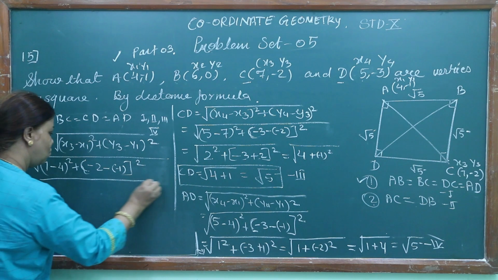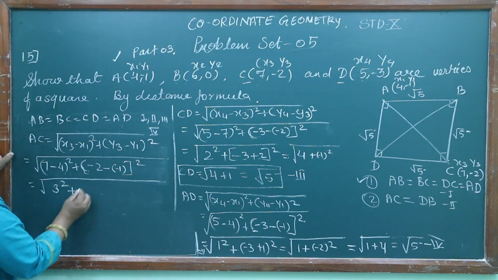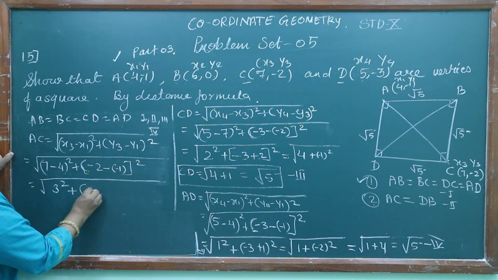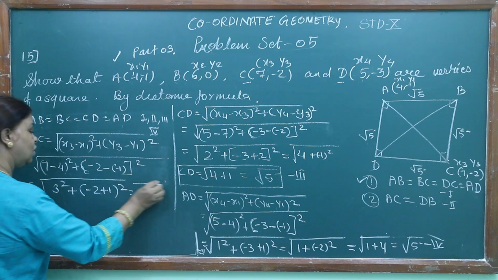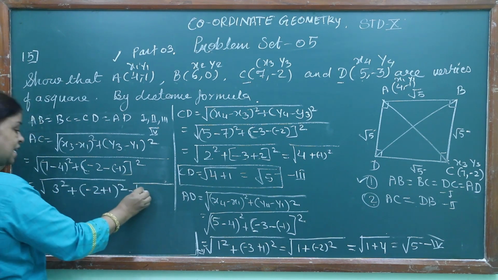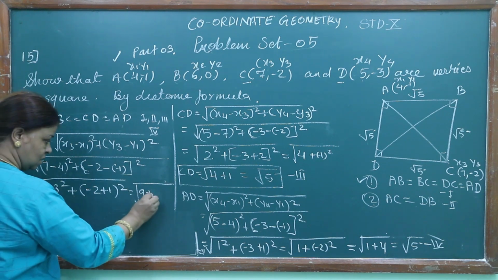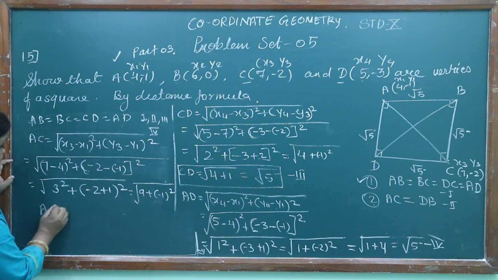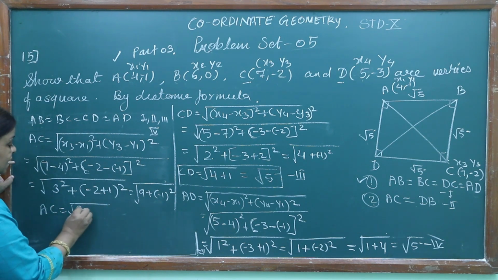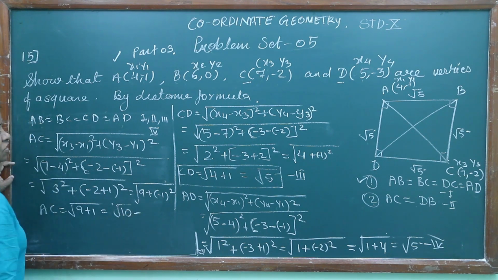Now under the root 7 minus 4 is 3 square, plus minus 2 plus 1 the whole square, which is equal to 9 plus minus 1 the whole square. So AC will be equal to 9 plus 1, which is equal to under root 10. So let it be fifth.